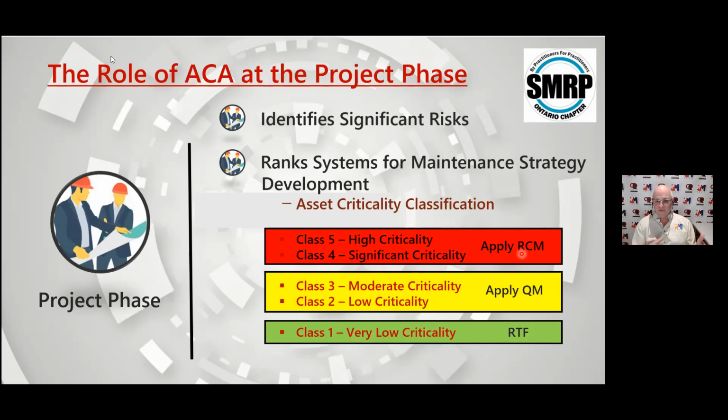And if you have very low criticality, you can have just some checklists, or you can apply RTF, run to failure, to those assets. This is one of the benefits of doing ACA, asset criticality assessment, at the very beginning of the asset's life cycle, at the project phase.